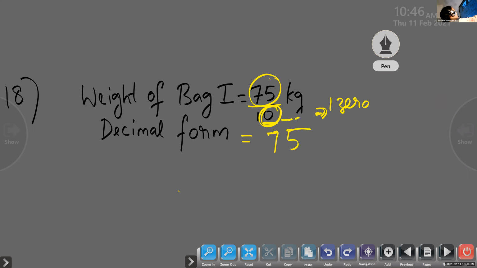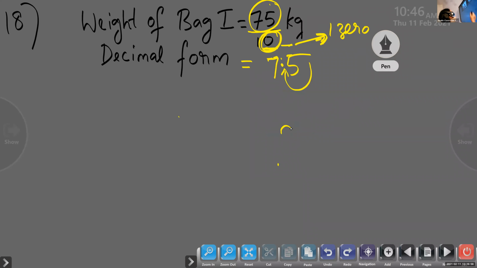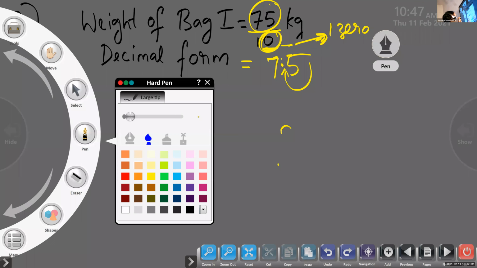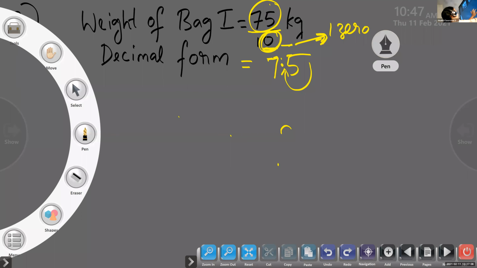Since there is only 1 zero, the answer should have only 1 digit after the decimal point. So we move from the right side 1 digit to the left and put the decimal point. After the decimal point we have only 1 digit. Okay.